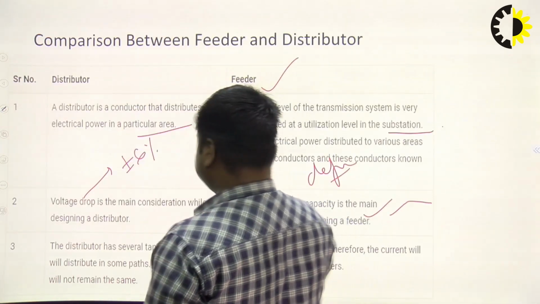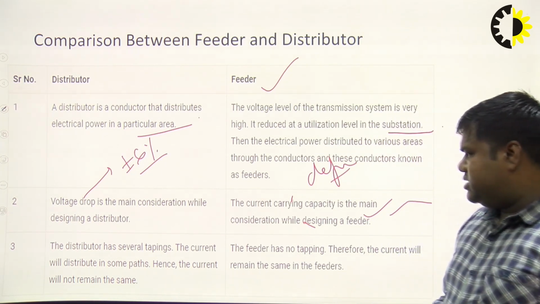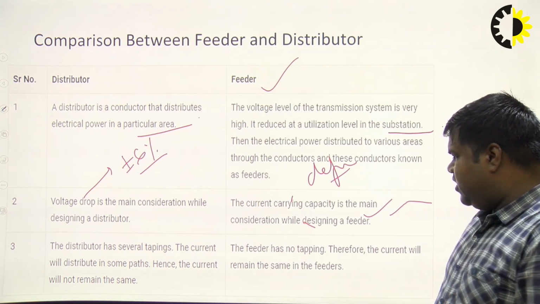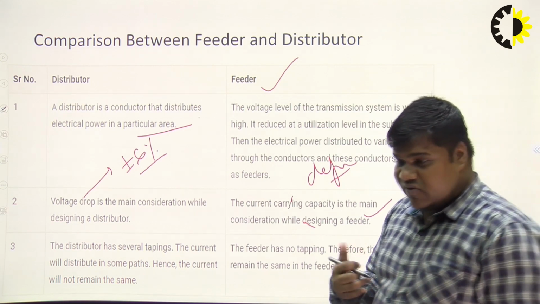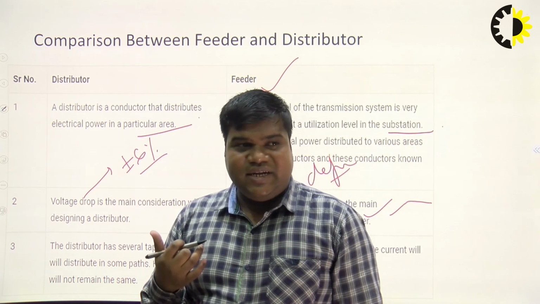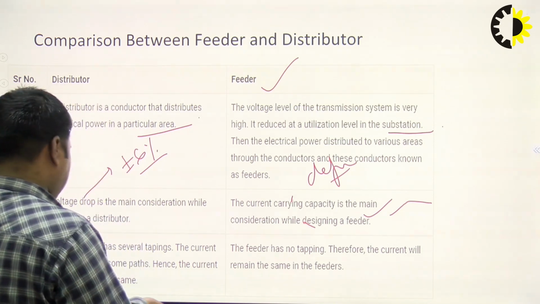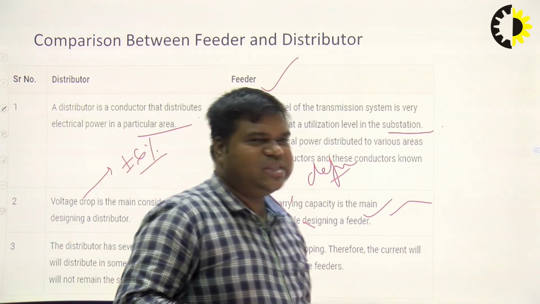The other part is that the feeder has no tappings, therefore the current remains the same in the feeders. But the distributor has several tappings, so the current will distribute in some paths, hence the currents will not be the same.